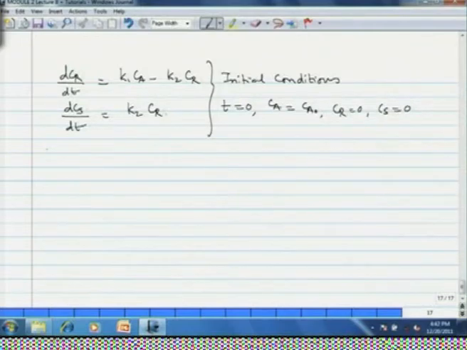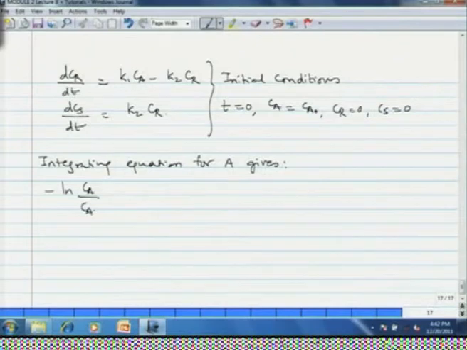Now, integrating the rate expression for A gives minus ln Ca by Ca naught equal to K1t, or Ca equal to Ca naught e to the power minus K1t.